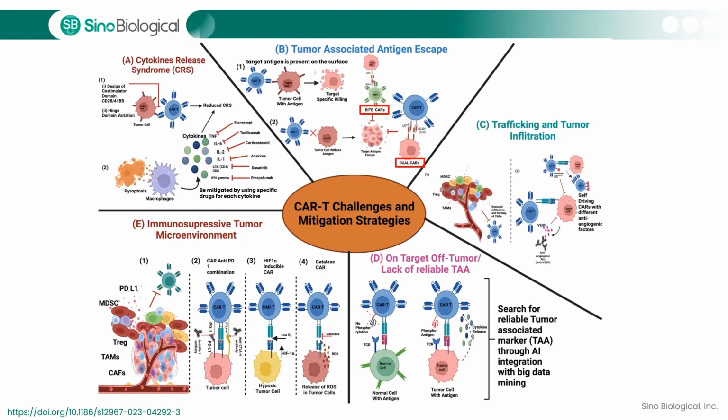To overcome this, CAR-T cells expressing anti-checkpoint inhibitors can promote the growth of the T cells in the tumor microenvironment, or HIF-1 alpha inducible CARs, which can also get activated in the hypoxic tumor microenvironment, and catalase-expressing CARs to scavenge the ROS in the tumors to promote T cell growth can all be utilized in practice.